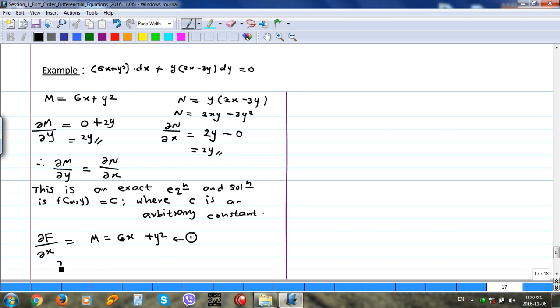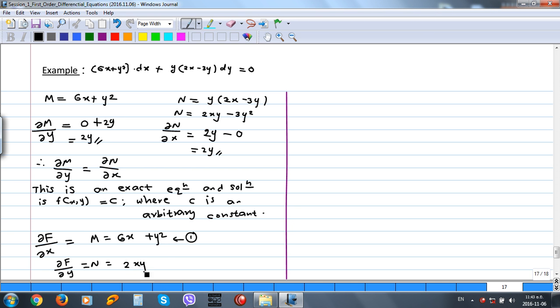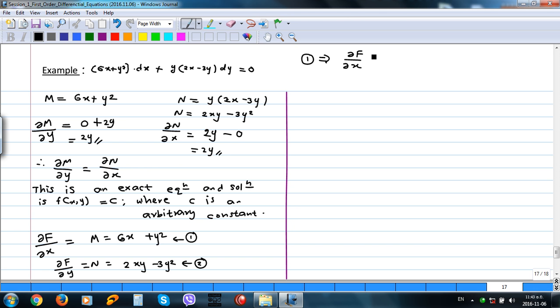And also ∂f/∂y = N, that is 2xy − 3y², the second equation. So I am taking the first one, ∂f/∂x = 6x + y².